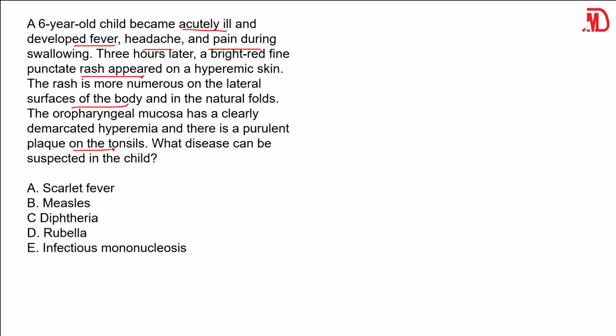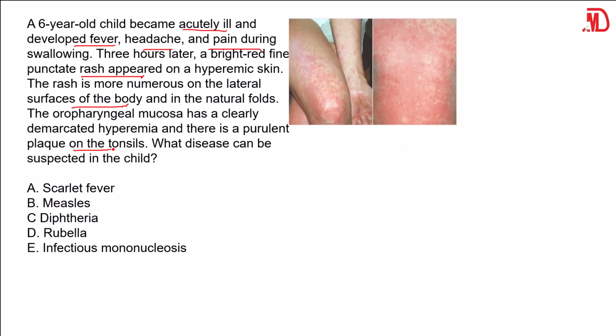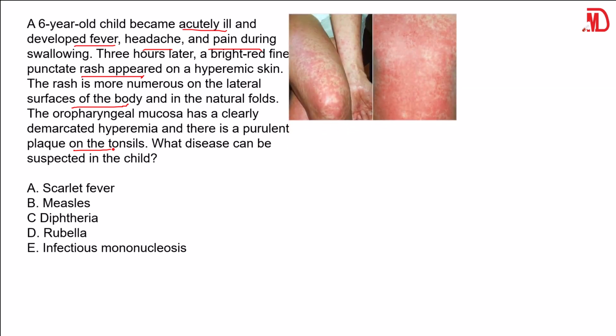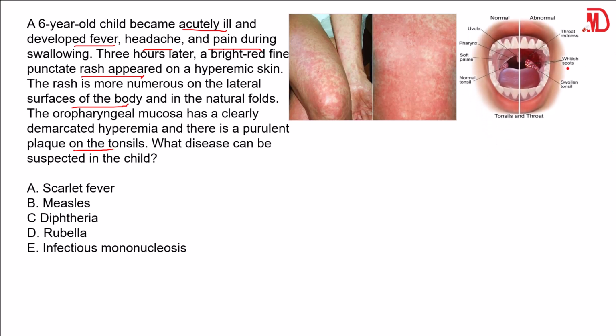So what disease can be suspected in the child? This is definitely a case of scarlet fever, which develops in some people who have throat or strep throat. So this is what it means to have a tonsillitis or to have a strep throat. So this thing over here, you can see there is what we call a demarcated hyperemia with some purulent plaques in the tonsils.